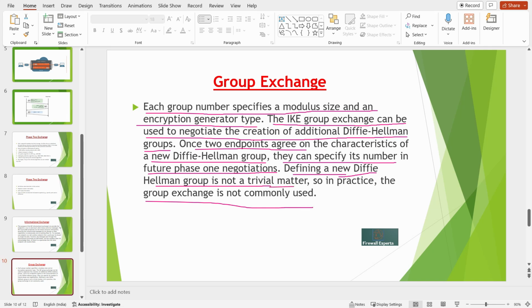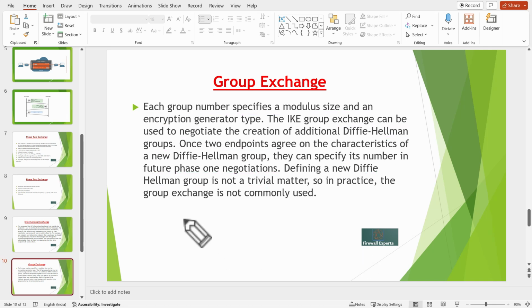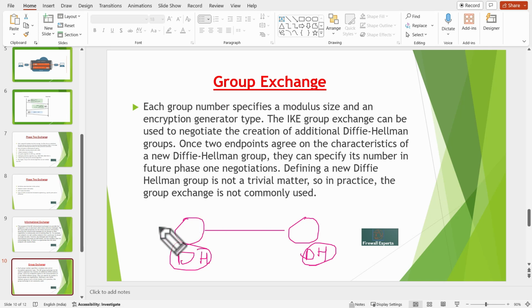This is not used because we have already defined the DH group on both sides, which is used to generate the keys, during the IPsec creation process. There is no point in defining a new DH group during this IKE phase 2 process. That's the reason group exchange is not commonly used.